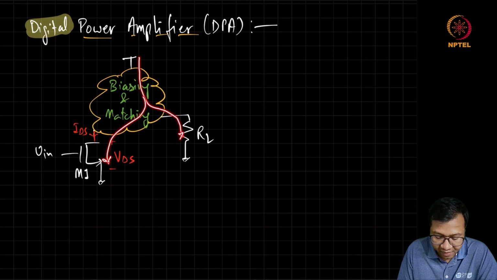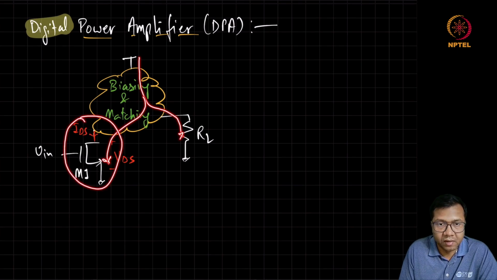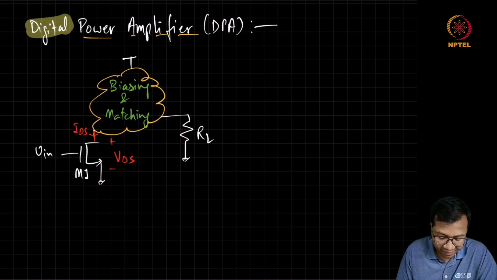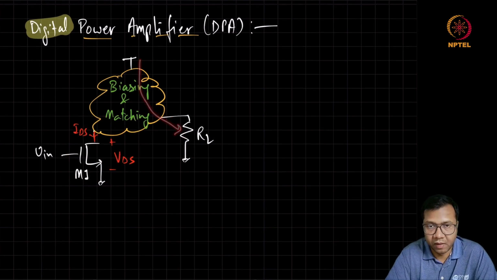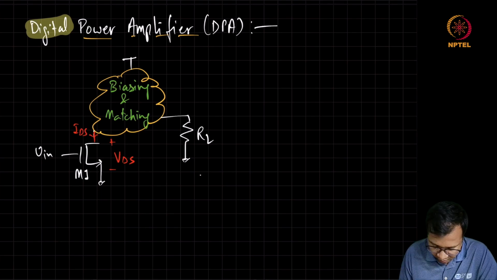The biasing and the matching network is supposed to be lossless. So if we can ensure that the power which is dissipated across this transistor is minimized, then we will be sure that the entire input power from the supply goes to the load and we can achieve efficiency which is close to 100%.